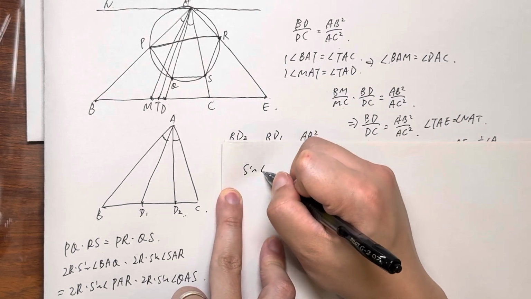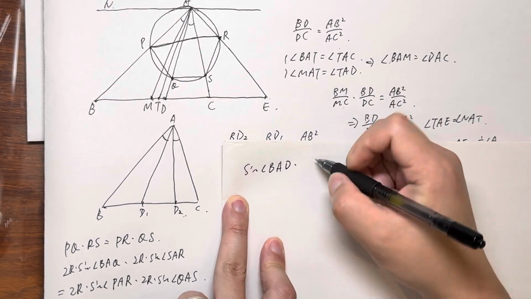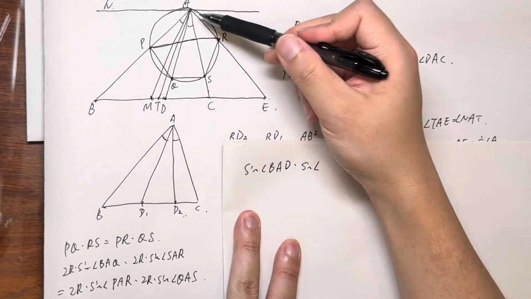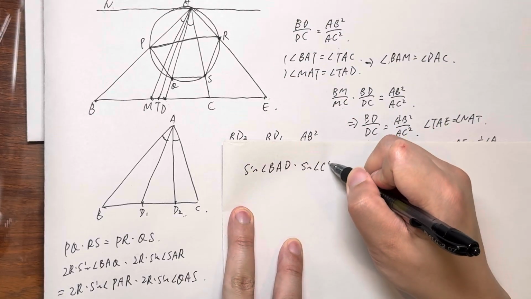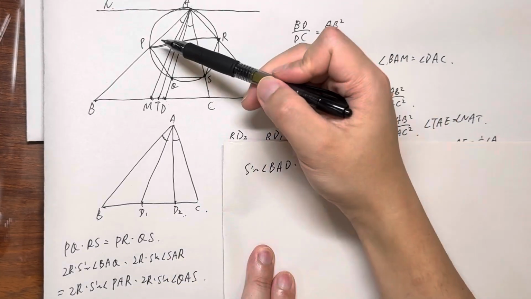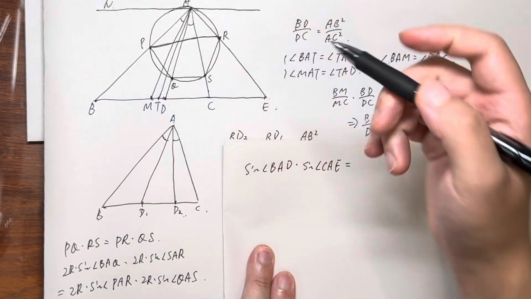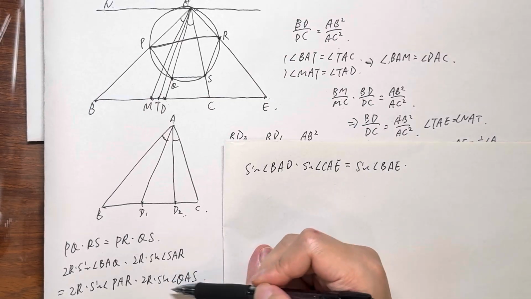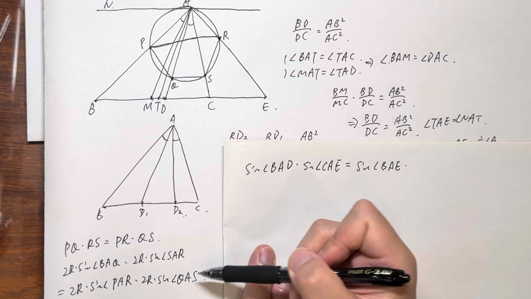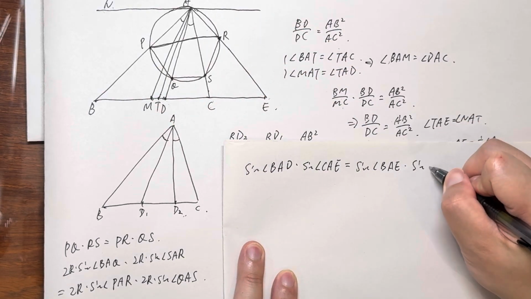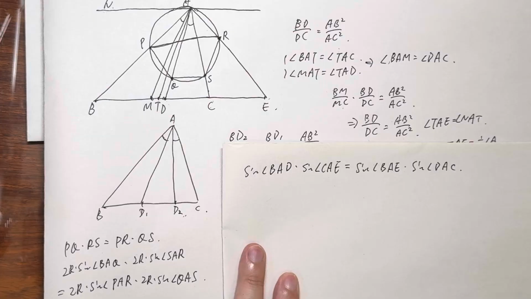Basically, we want to prove that sine angle BAD times sine angle SAR, which is sine angle CAE, equals sine angle PAR, which is sine angle BAE, times this one, sine angle QAS, which is sine angle DAC. Right.